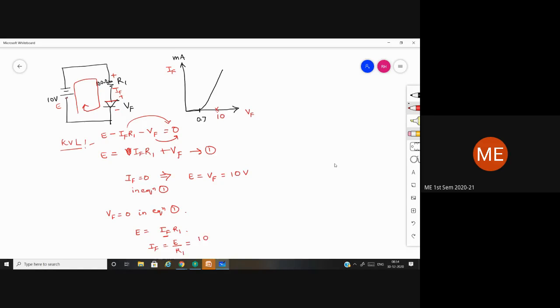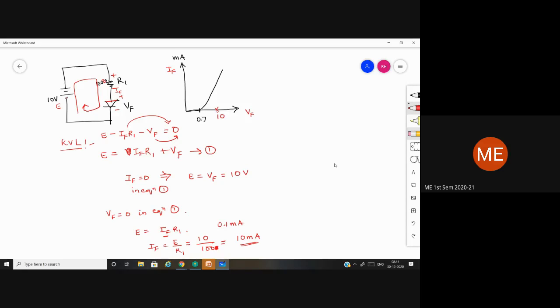E is 10 and R1, let us take it as 1000. So it becomes 10 milliamps. Or suppose it is 100, then it will be 0.1 milliamps.